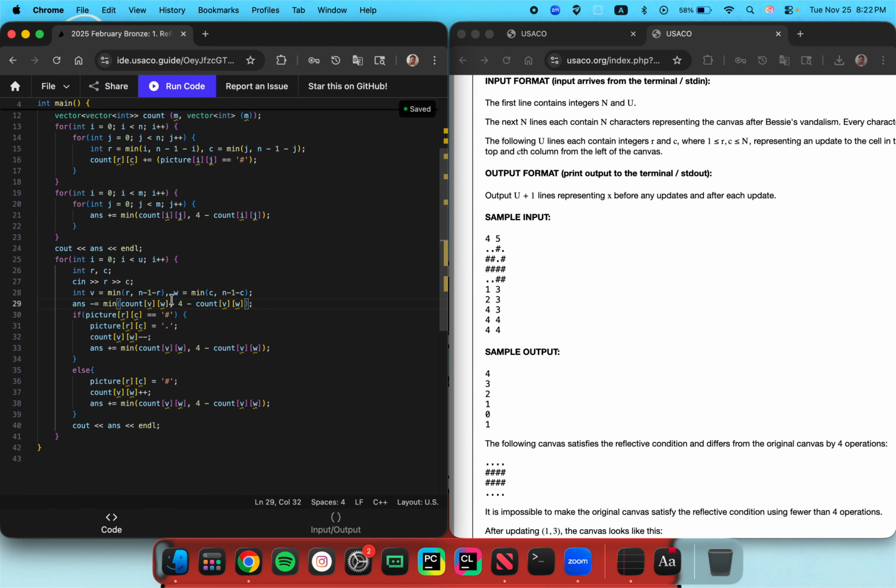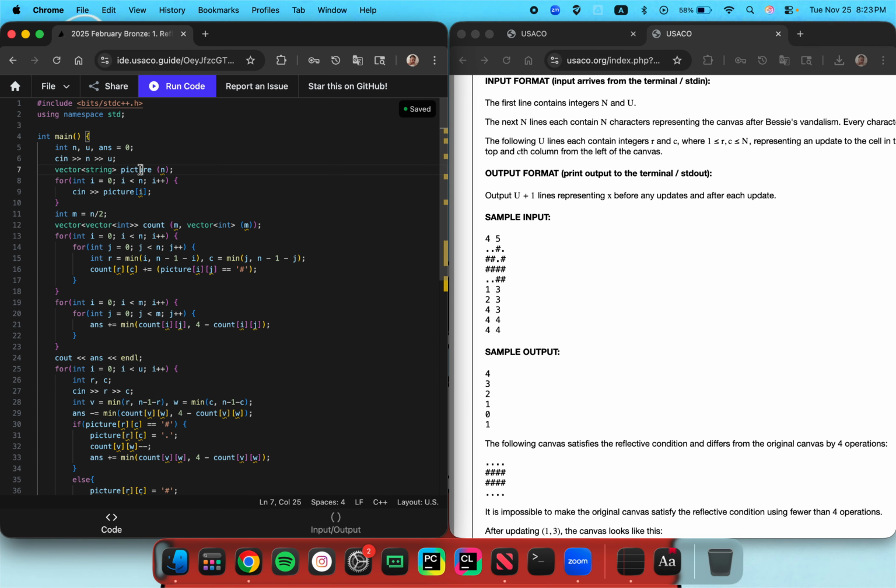Yeah. This input should be correct. Is there another i in here? Oh my god. r and c are outside, right?